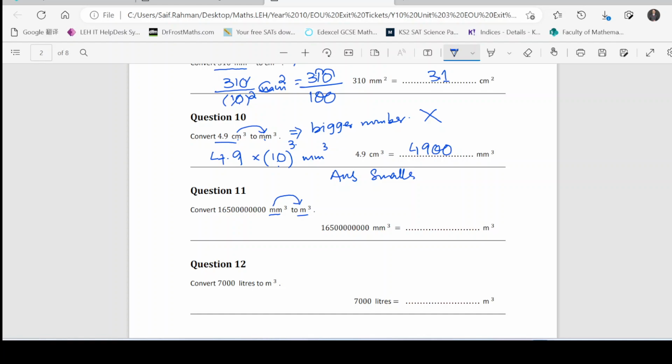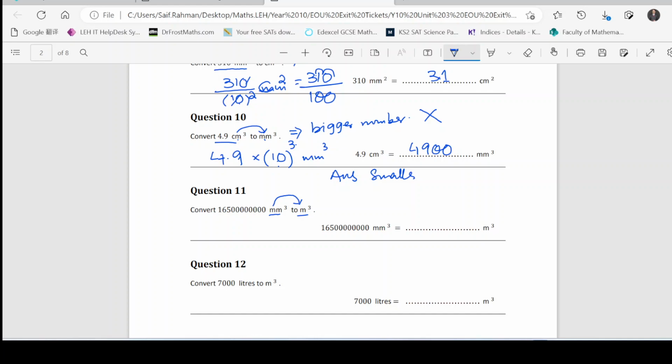Okay, so now the interconversion from a liquid unit to a distance unit, because centimeter and meter are the distance units.